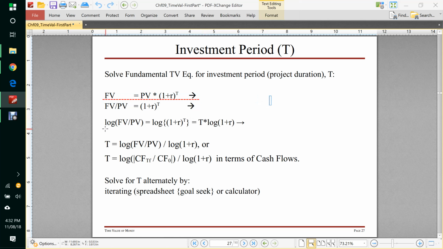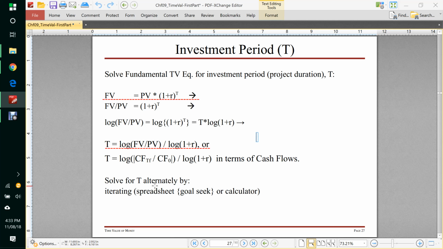Okay, and this is a little bit more of a hassle, and we have to use logs to make this work, but using logs and remembering, even possibly going back to our horrible memories, high school algebra books, we could solve this, and we get the time of the project. If we know everything else, it is the log of the ratio of future value to present value divided by log of 1 plus r. Okay, we can do that, of course, in terms of cash flows too.